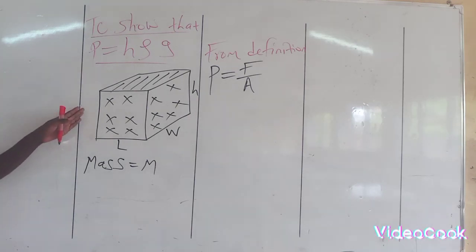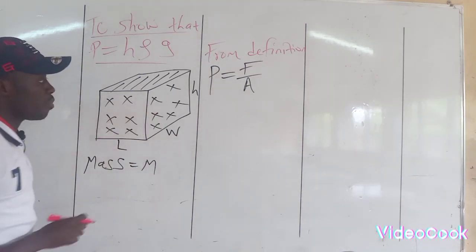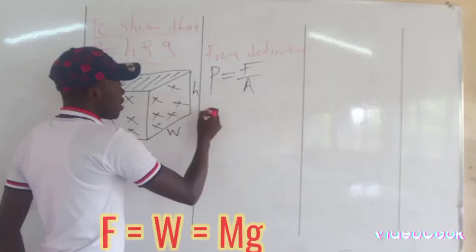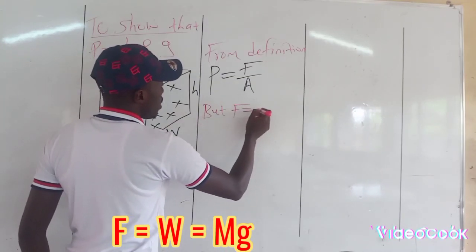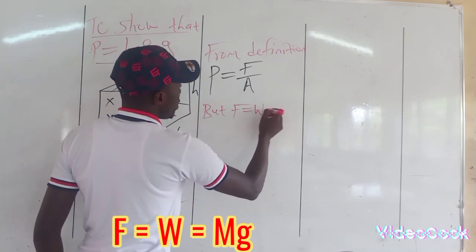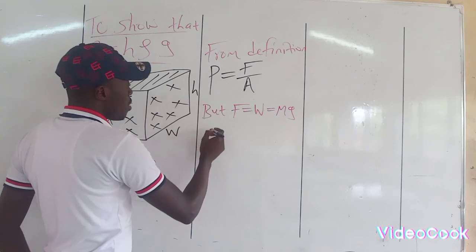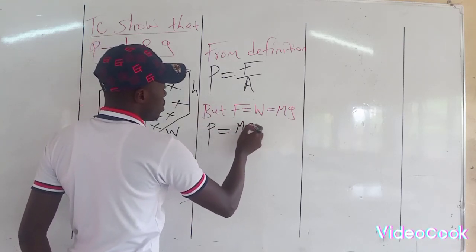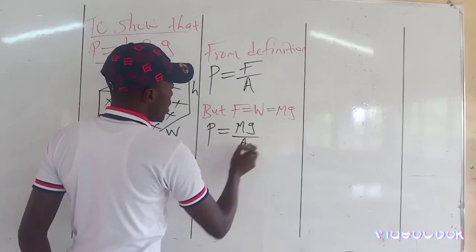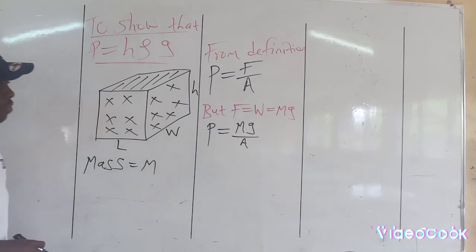Then it is important we ask ourselves, which force is acting here? The force acting is the weight of this body, which is given by mg. So that means pressure equals mg divided by area, the weight of the body resting on the ground.